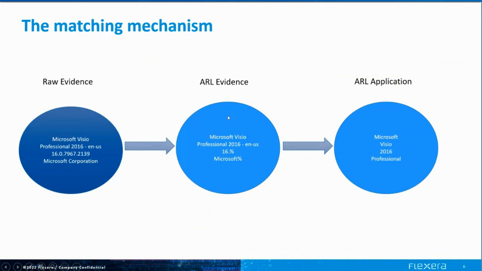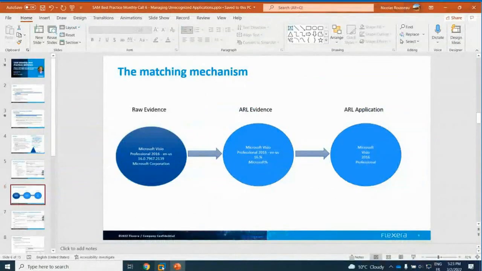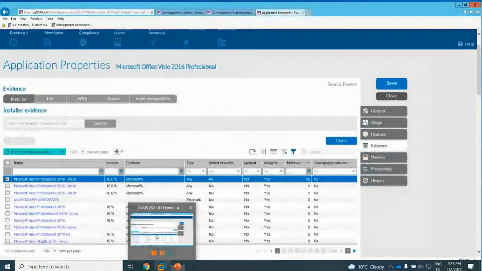And I will explain a little bit later. And finally, this ARL evidence, which is what you see in the evidences tab, will map to the ARL application, which is recognized through the ARL evidence that is actually catching some raw evidences. And maybe here, that's worth going back to the TextNet.